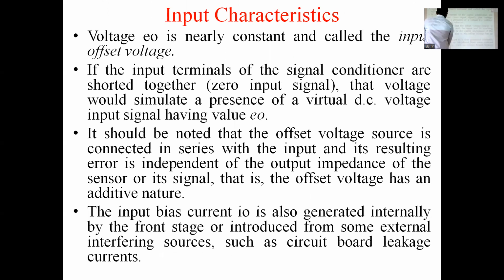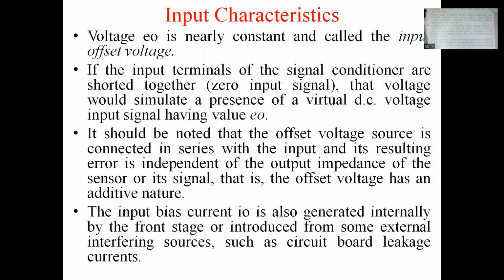See, the voltage E0 of the EM voltage is nearly constant and called the input offset voltage. This is the next question. So E0 is constant. त्याच्यामधला जो काही E0 असेल it is constant and it is called as input offset voltage. If the input terminals of the signal conditioner are shorted together, with zero input signal, that voltage simulates the presence of a virtual DC voltage input signal having value zero.